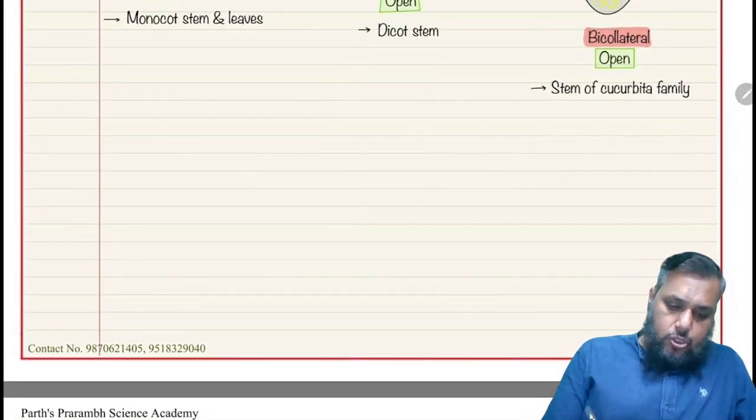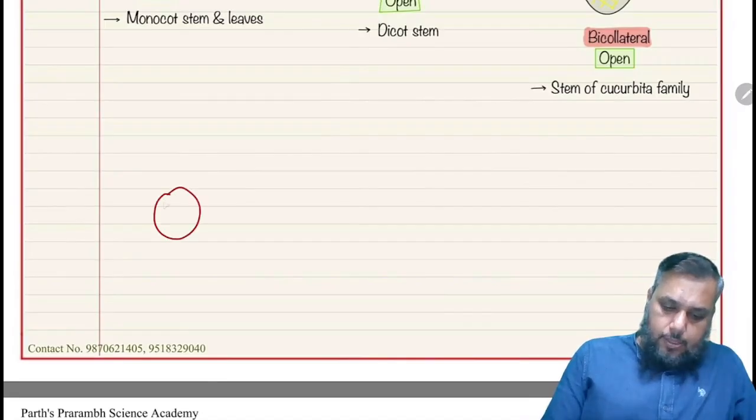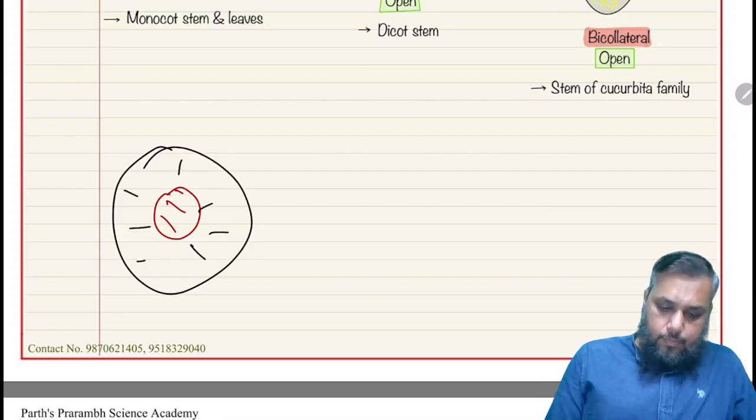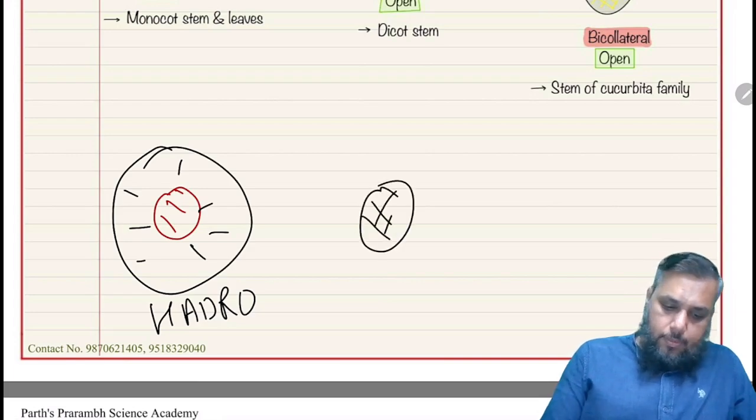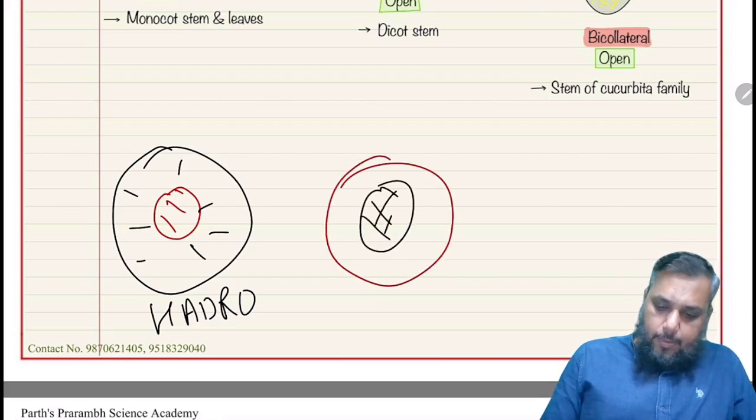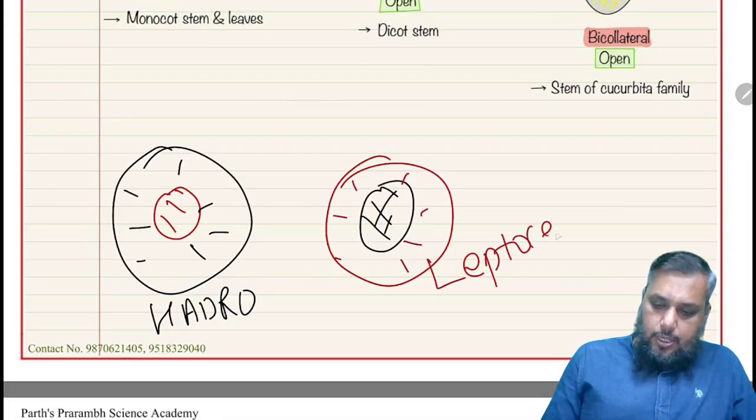The third type I just mentioned, this is a bundle of xylem surrounded by a bundle of phloem. So it will be called heterocentric. This is the bundle of phloem surrounded by a bundle of xylem. It will be called leptocentric.